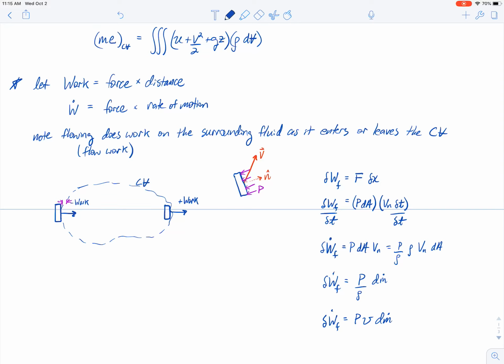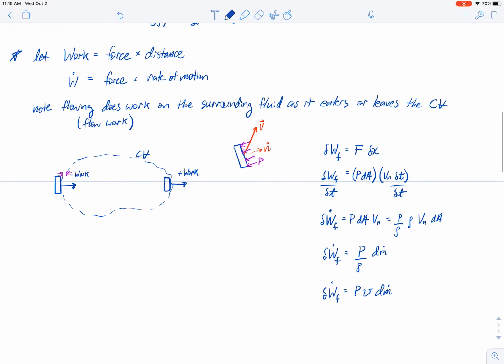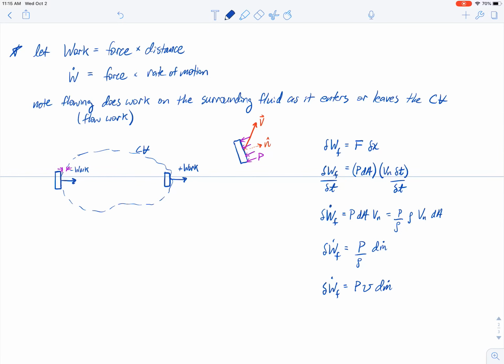I've taken the concept of work, force times displacement, and for a small differential packet of fluid entering and leaving the control volume, I see that I have a way of describing that as a work term. And I can analyze that in terms of the mass flow rate, the specific volume, and the pressure of the fluid.